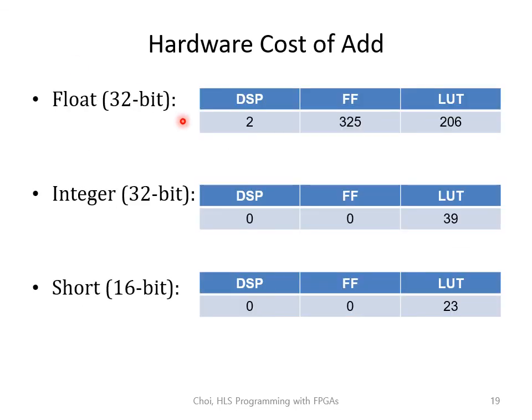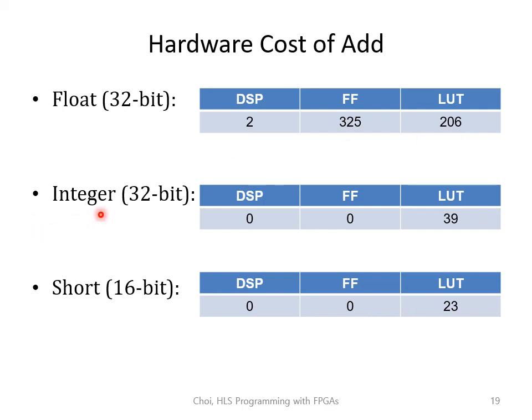Let's do some quantitative comparison of the resource consumption between floating point representation and the fixed point representation. As an example, the cost of an adder is shown in the tables. An adder for a float type needs 2 DSPs, 325 flip-flops, and 206 lookup tables.